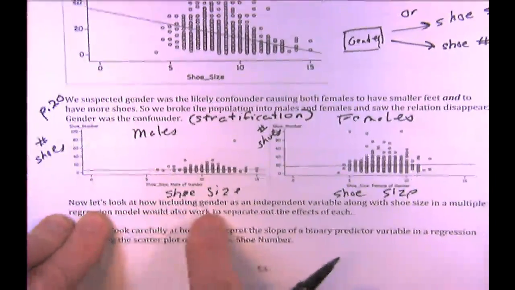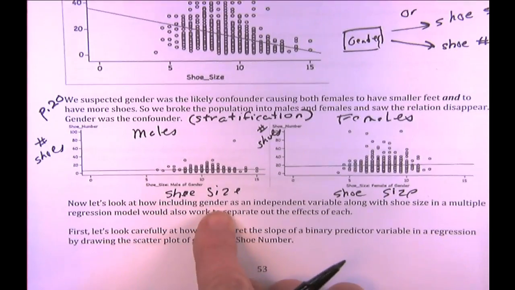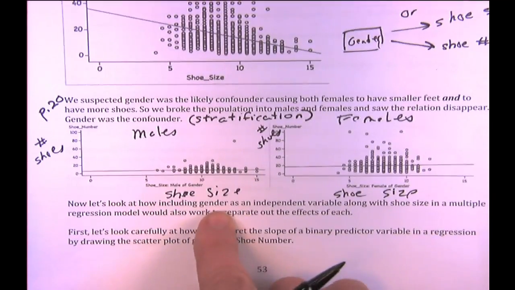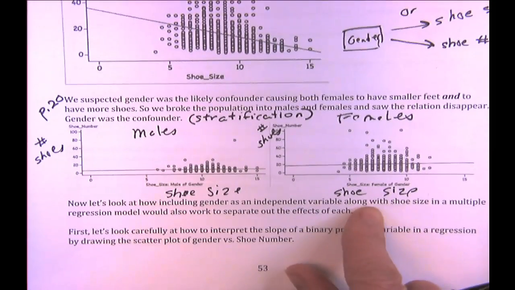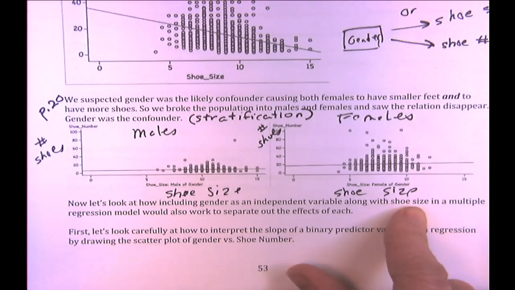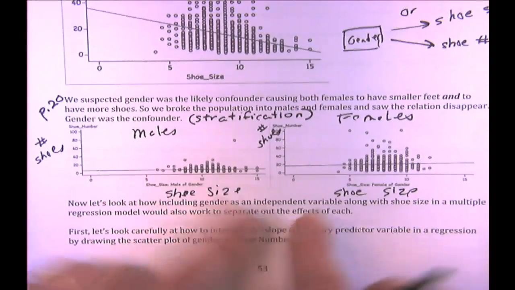Now let's look at how including gender, a 0-1 variable, as an independent variable, that means a predictor variable, an x variable, predicting y, which is the number of shoes people own, along with shoe size, that would be another x, would also work to separate out the effects of each.